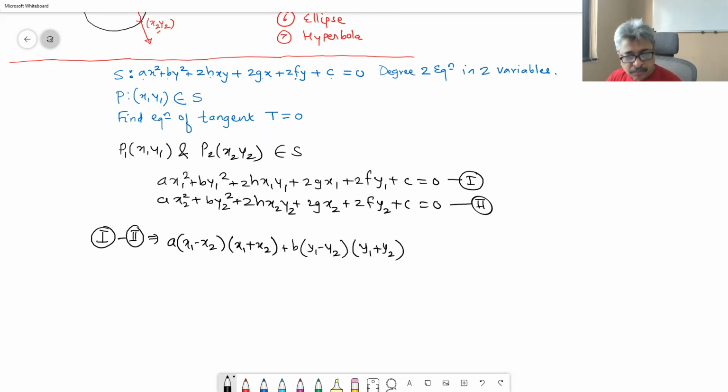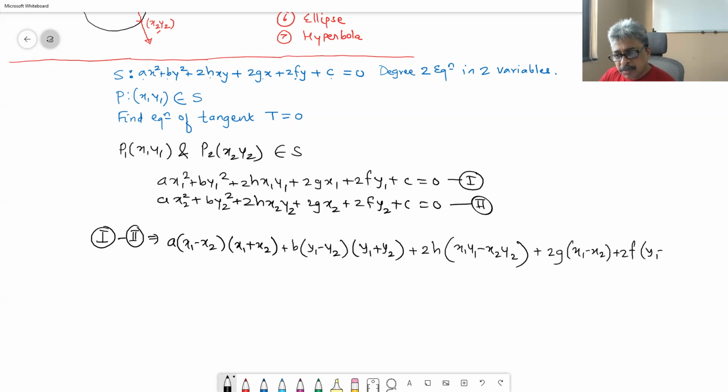Now let me write down as it is 2h (x1y1 minus x2y2), correct, plus 2g (x1 minus x2) plus 2f (y1 minus y2) is equal to 0. c gets cancelled out. Now we have x1 minus x2 here, y1 minus y2 here, and we don't know what to do here, but let us try to work it out.